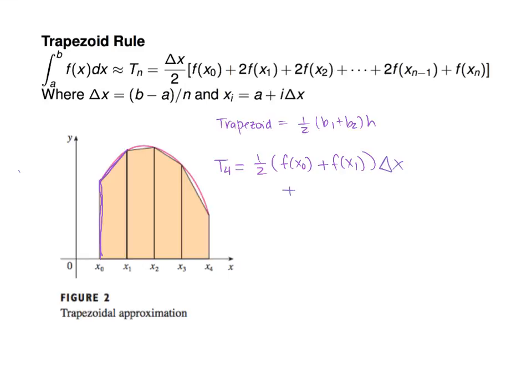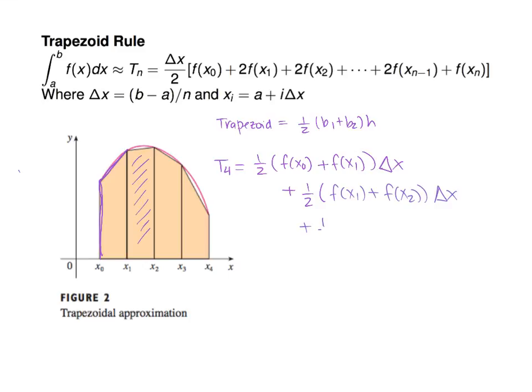Okay, what about the second box? So this guy. What is this first f of x1? Yep. And plus f of x2, and then once again, its height is still delta x, right?